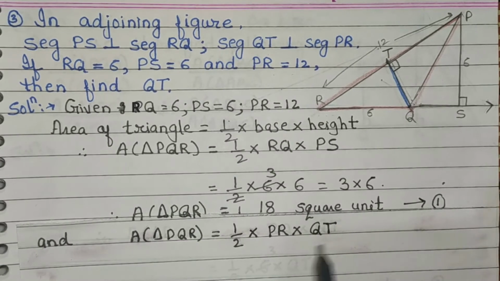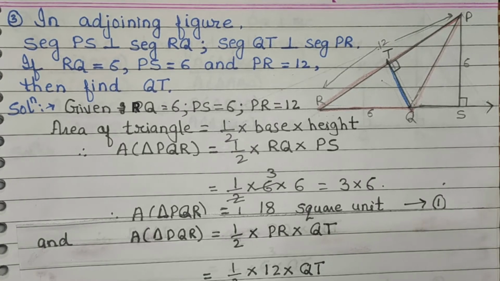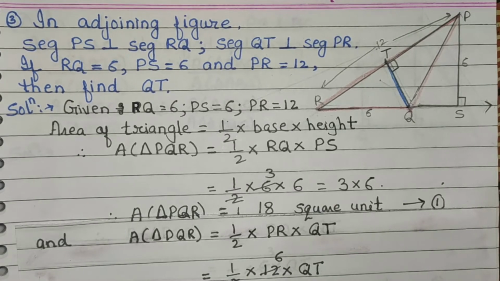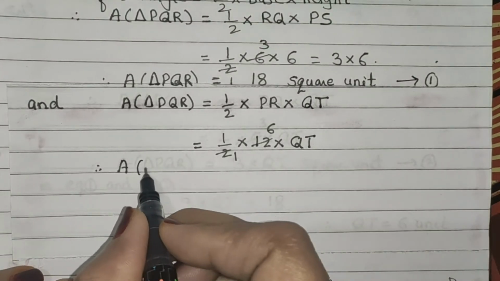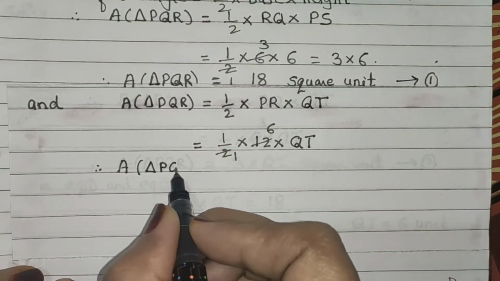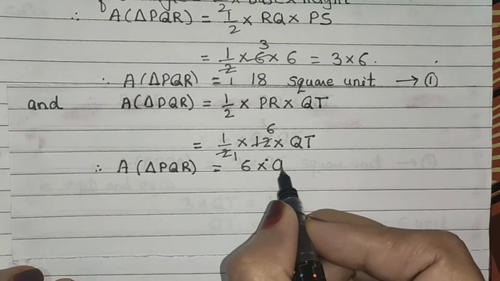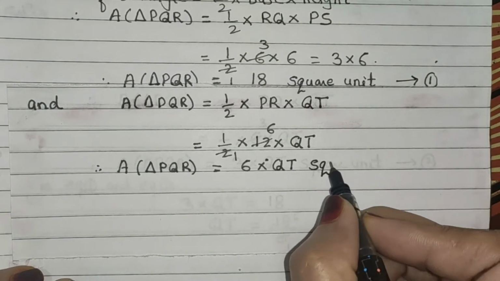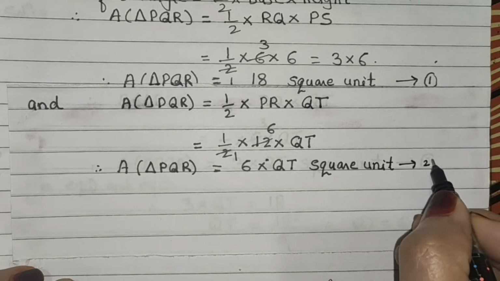Now substituting the values, we get 1/2 into the value of PR, which is 12, into QT, our aim is to find the value of QT. Now cancel it, 2 ones are 2, 6s are 12. Therefore, we get the area of triangle PQR is equal to 6 into QT square unit, of course, because it is area, square unit. Give it equation number 2.